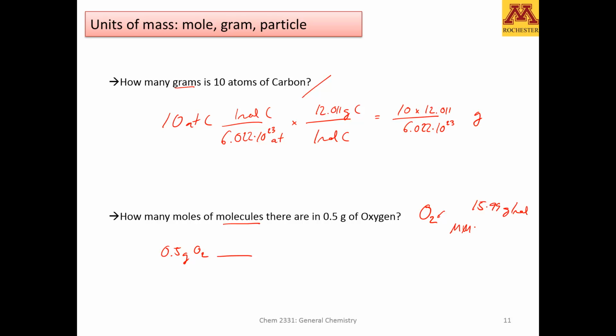The molecular mass of oxygen will be 2 times 15.99, which is approximately 32 grams per mole. Does that make sense? So let's plug this into the conversion factor. In 32 grams, we have 1 mole of oxygen. Okay, so we're pretty much done here. 0.5 over 32, this will be moles of molecules of oxygen.